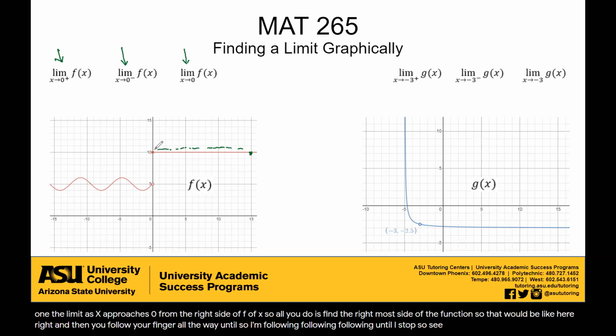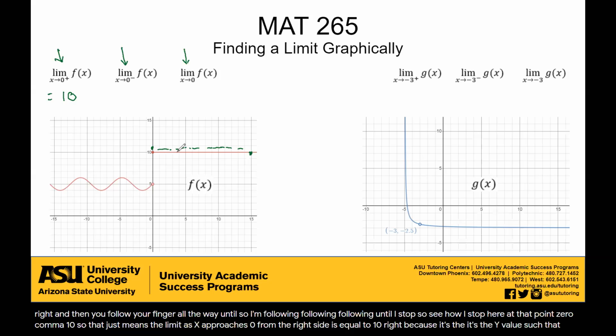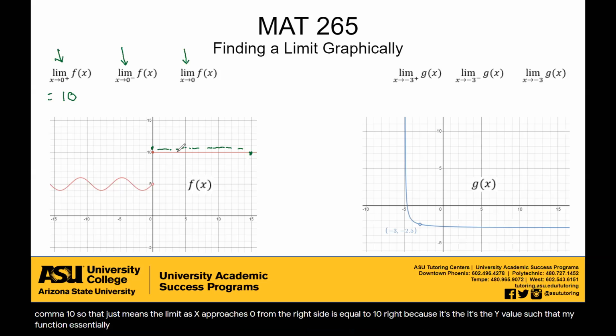See how I stop here at that point, 0, 10. So that just means the limit as x approaches 0 from the right side is equal to 10, right? Because it's the y value such that my function essentially stops, right?